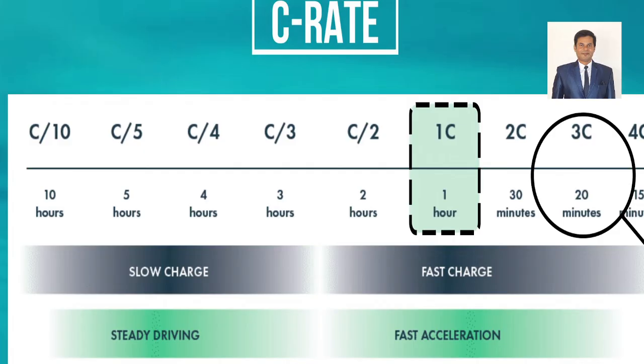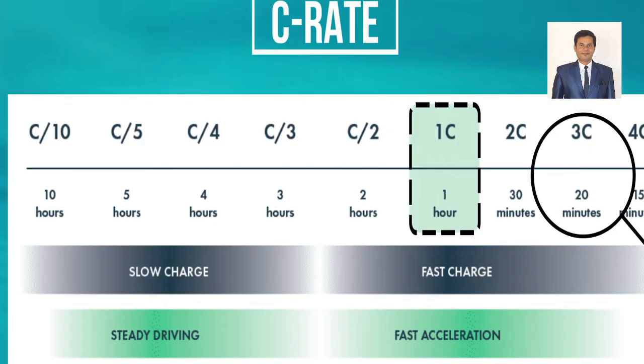And finally it tells about the degradation of the batteries, how much life they can give, whether for one year, 4 years, 5 years, or 6 years. It depends upon the battery life. That is what we have to see. The C rate is very important.